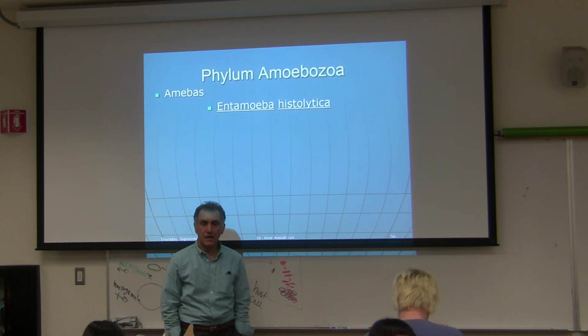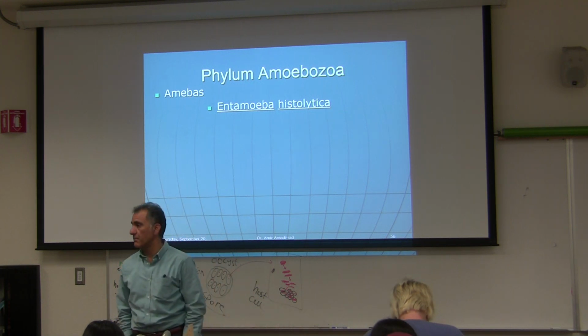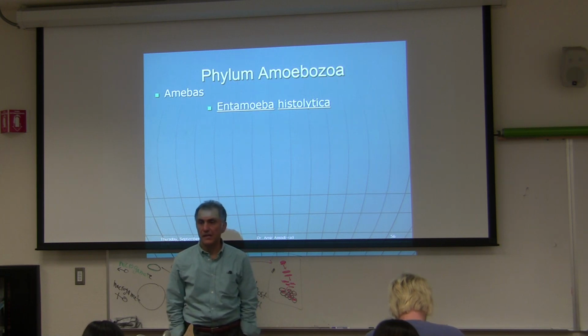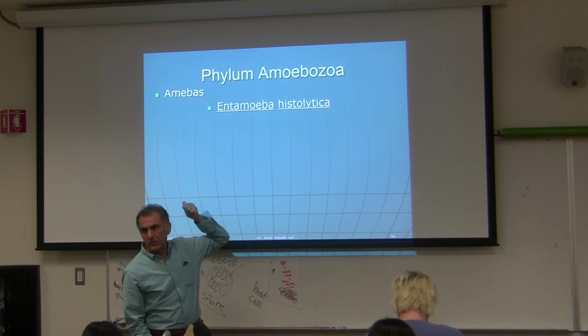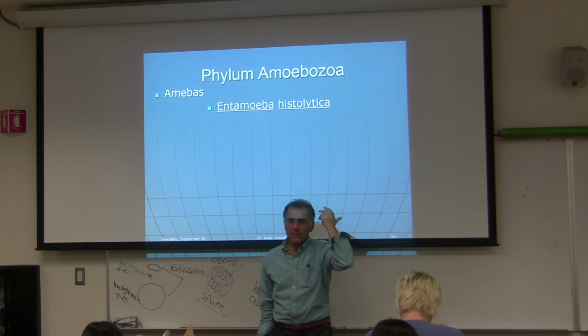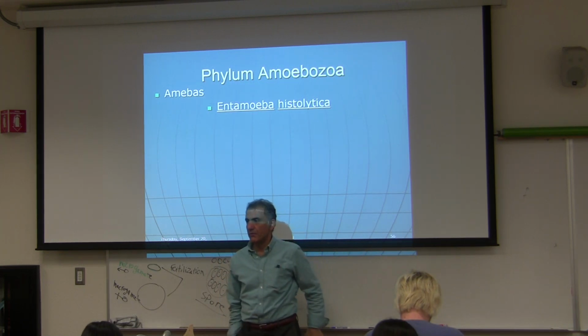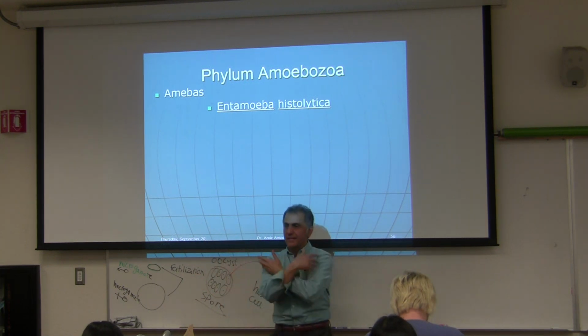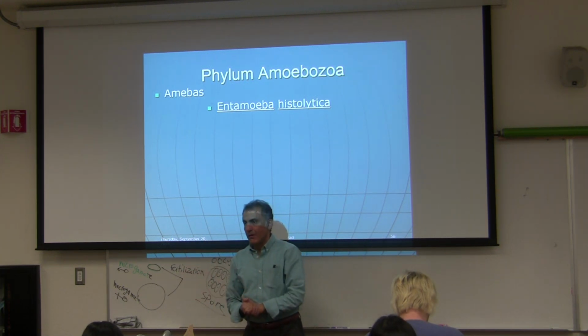Dysentery can be caused by different things, but one of the things that causes dysentery, called amoebic dysentery, is this organism. After medication in the United States, this is not much of a problem. The person has diarrhea with blood, they take him to the hospital, they put him on IV, they put him on medication, the person goes home fine.